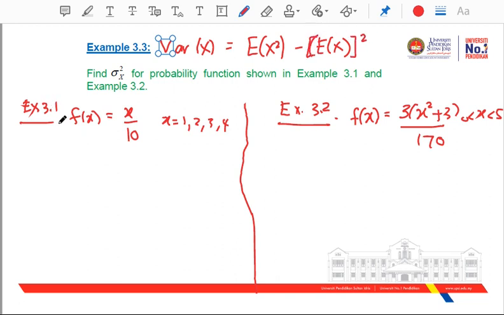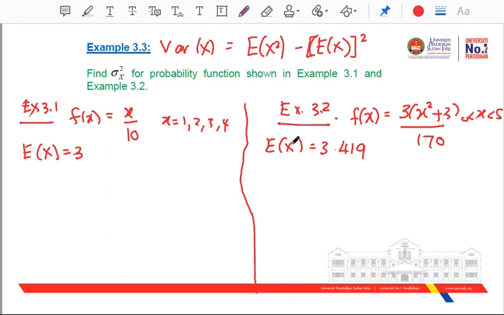So for example 3.1, if you can remember, just now we already did it and we got E(x) equal to 3, while for example 3.2 we got E(x) equal to 3.419. So now in order to find the variance here, basically we need E(x).